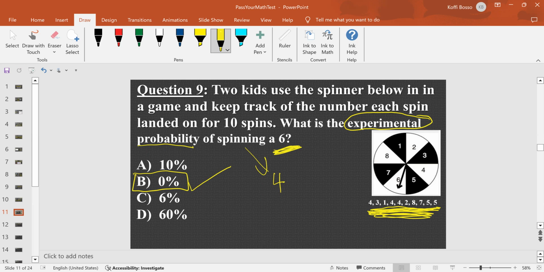So for the 10 numbers, we have it 3 times. So it has to be 3 out of 10, which is the same as 30 out of 100, which is the same as 30%. But that's not the question. So let's just focus on it. Okay, let's continue.